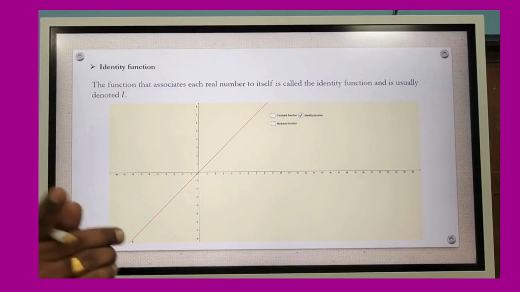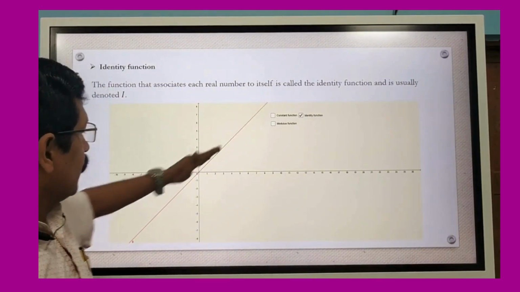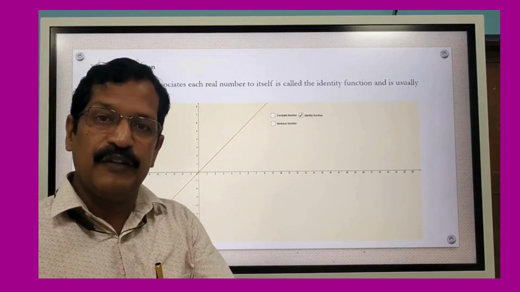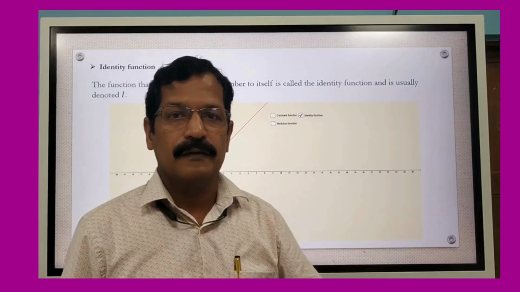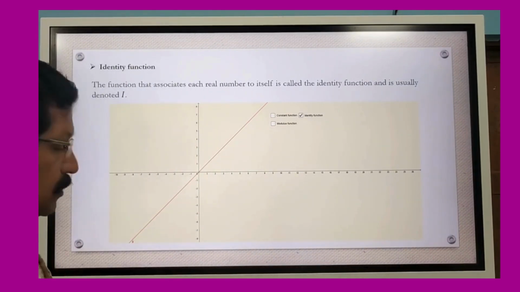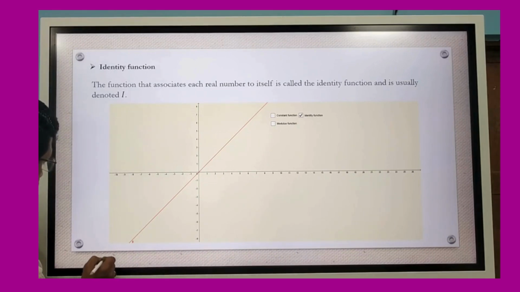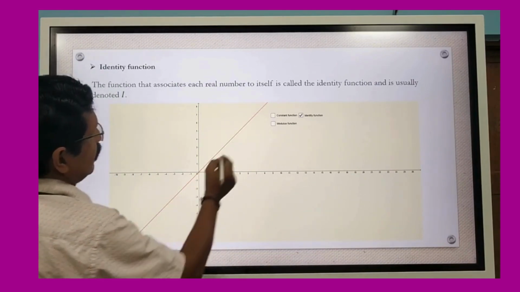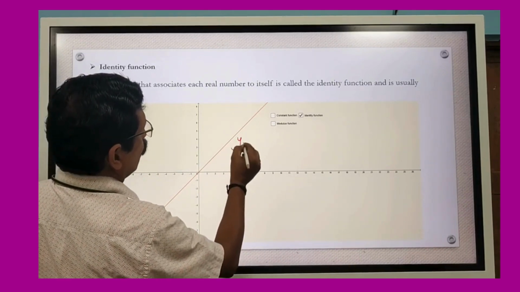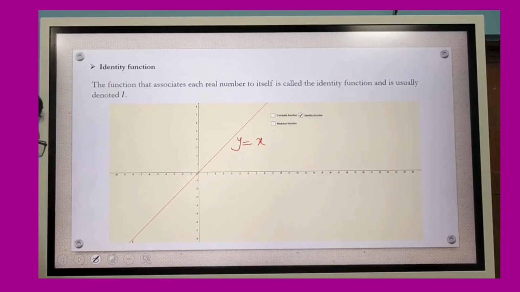This is the graph of the identity function. The graph of the identity function is equally inclined to the coordinate axes. The corresponding equation of the identity function is y is equal to x.